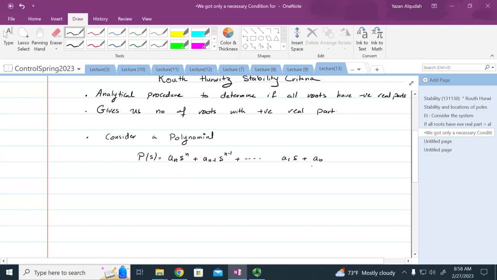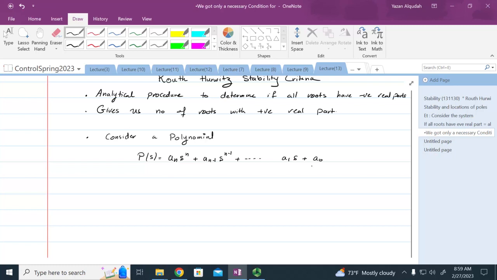Where does this polynomial come from? If we are studying a system, it is the denominator of the closed loop transfer function. Keep that in mind.